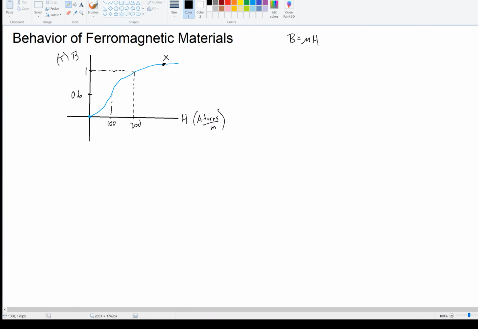Now, what's really cool about ferromagnetic materials is that they have memory. If you increase the amp turns, the magnetomotive force, all the way to point X, and then you start to decrease it again, essentially taking away the magnetic field, what you see, now I'll make another plot over here, I need all four quadrants, but I'll just start with this for now.